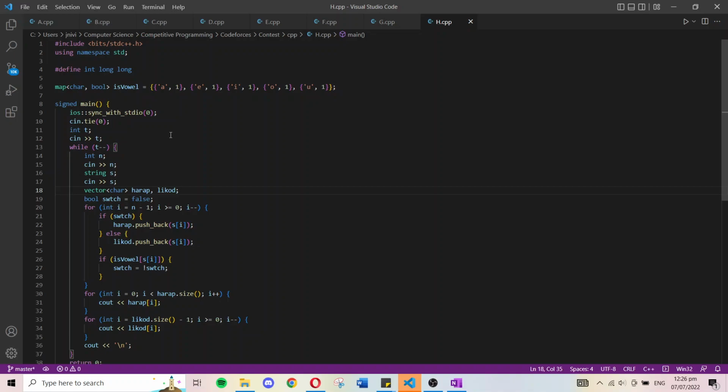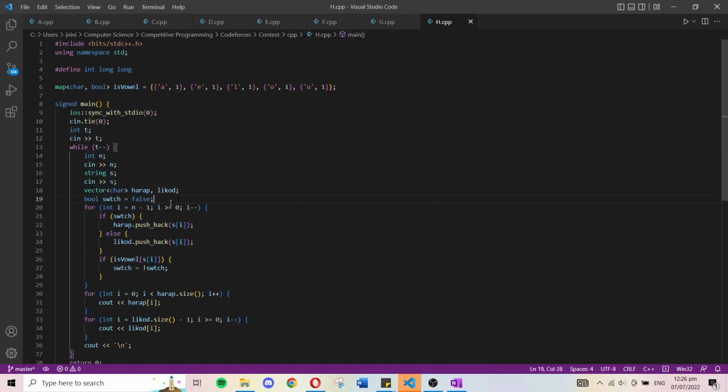So what's the implementation here? Basically, I defined a map of vowels. If it's a vowel, then it's true. If it isn't, it is not. So we default all other characters to be false.